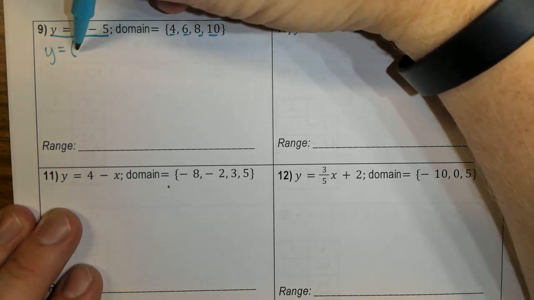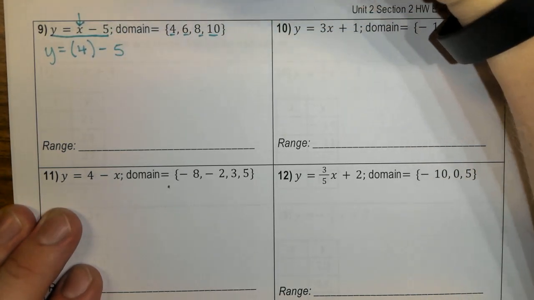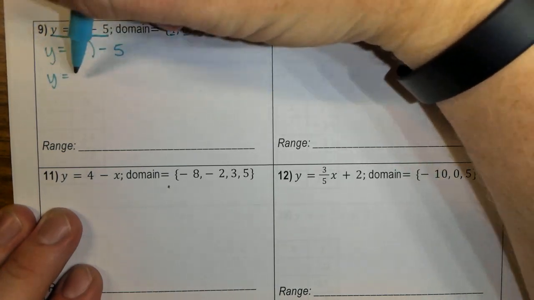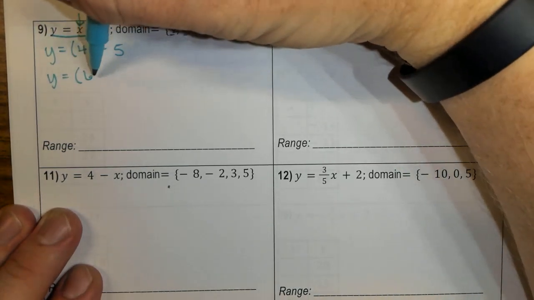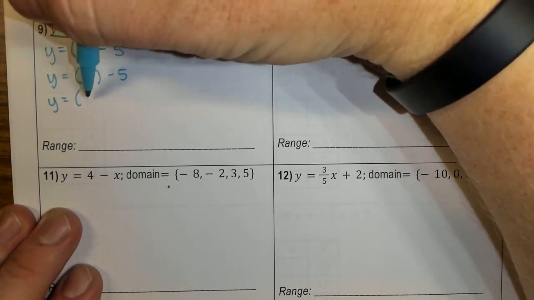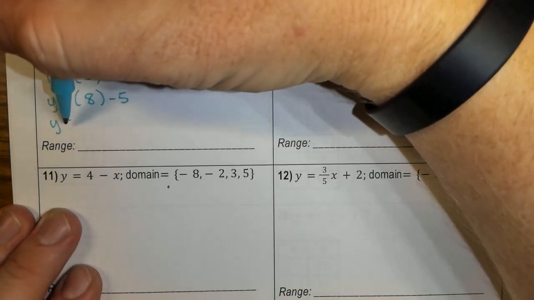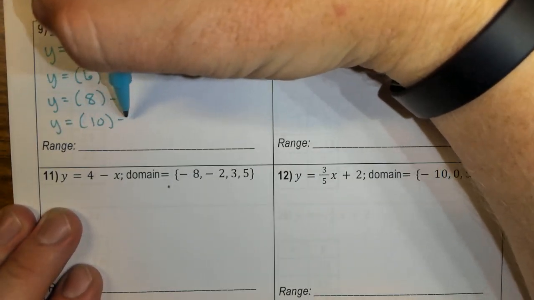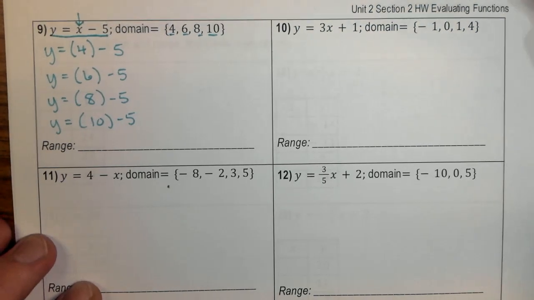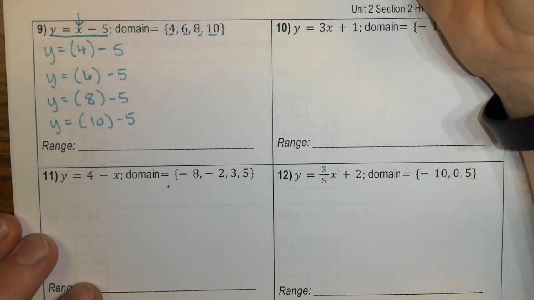So I put in parentheses, that's what I use, 4 minus 5. And then I have y equals 6 minus 5. Y equals 8 minus 5, and then 10 minus 5. Okay, so I've plugged in all 4 of my x values for x right here.